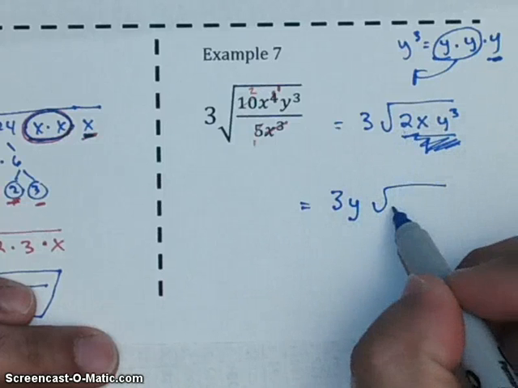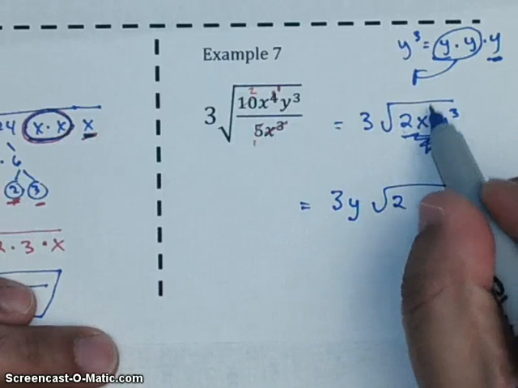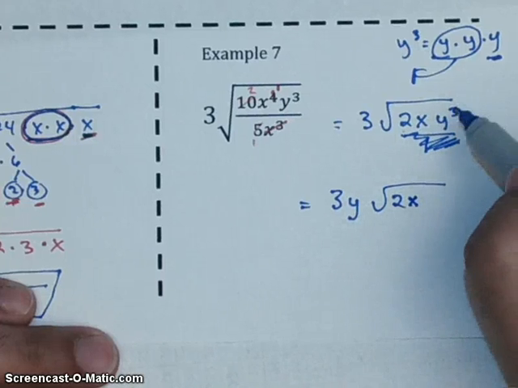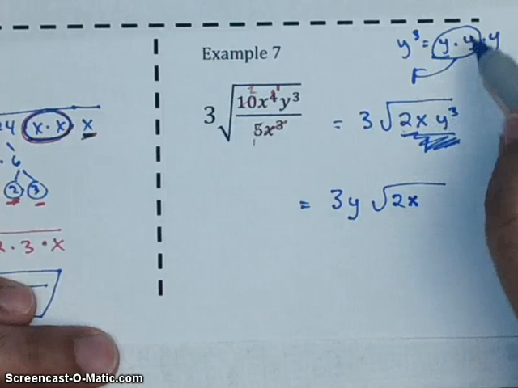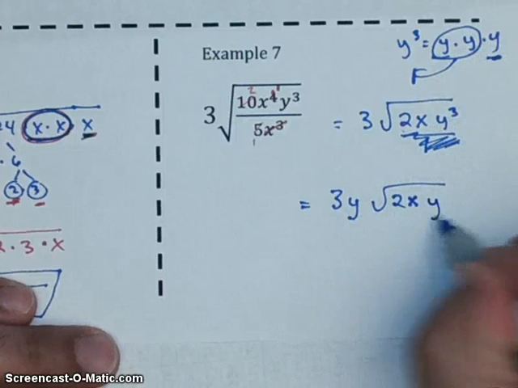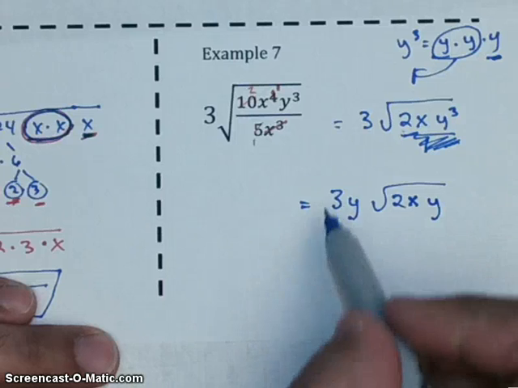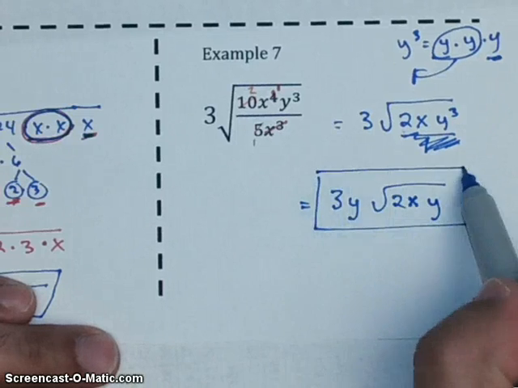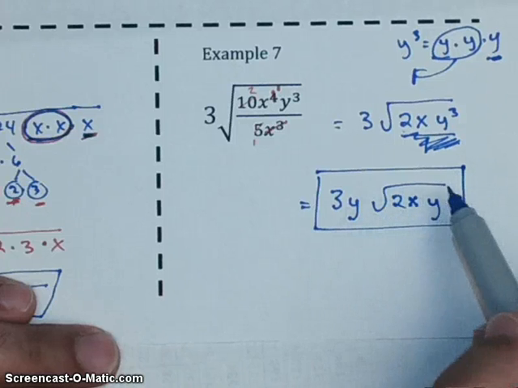Right, 2's prime, so that's got to stay. X to the first power, there's only one x left. And this y cubed, there's one y that's left in there. So in simplest form, the answer is 3y square root of 2xy.